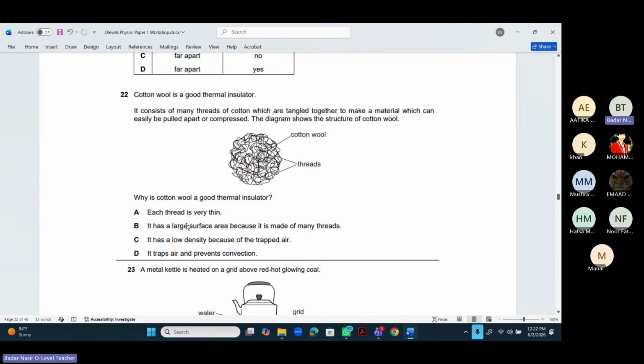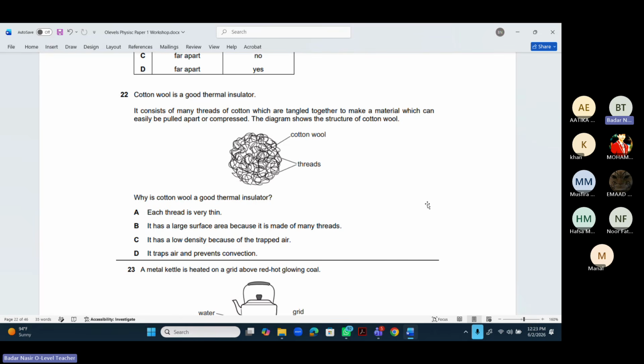Now for 22nd, cotton wool is a good thermal insulator. It consists of many threads of cotton which are tangled together to make a material which can easily be pulled apart or compressed. The diagram shows the structure of cotton wool. Why is cotton wool a good thermal insulator? Each thread is very thin.